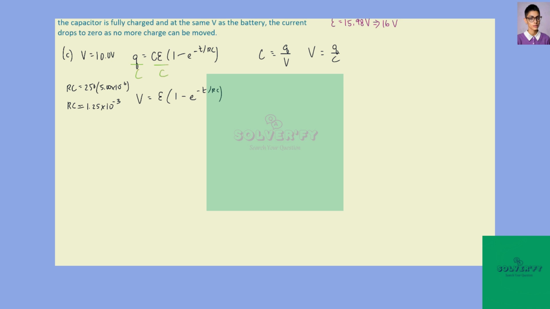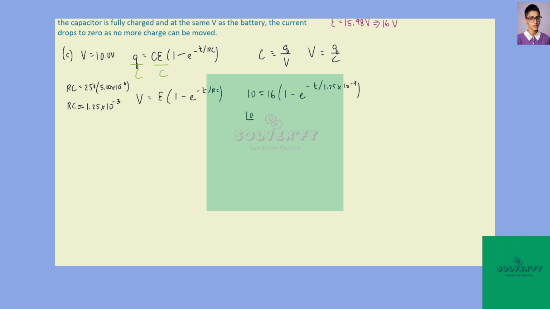And that time constant either has units of seconds or no units, I can't remember, but it doesn't matter. We're just going to plug it in anyway. So from here, we can now say 10 volts across the capacitor equals 16 volts of EMF on the battery times the quantity 1 minus E to the minus T over 1.25 times 10 to the minus third.